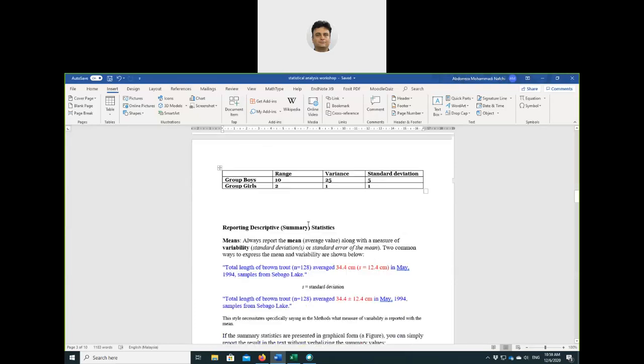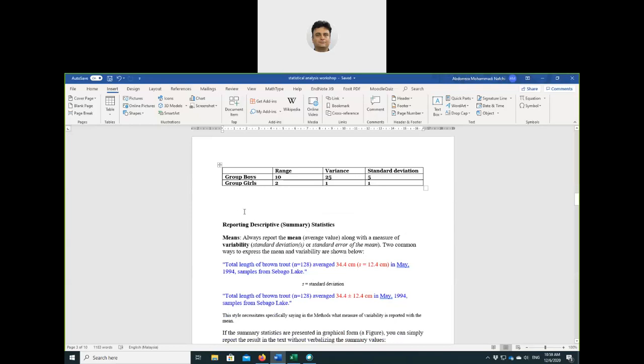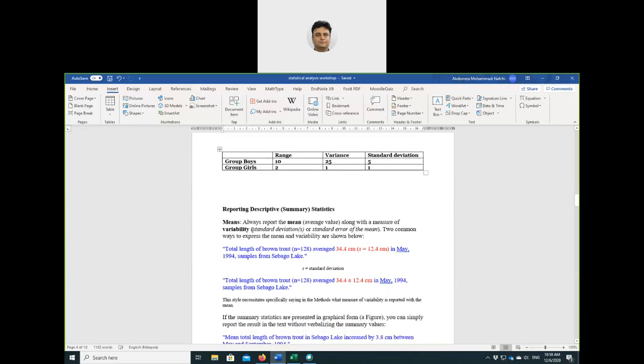So how do we report the descriptive statistics? We report the mean. Not always, but most of the time, the average value along with a measure of variability.